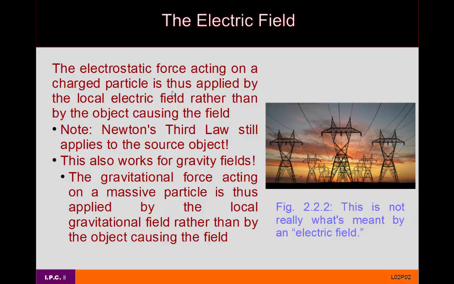This is true, by the way, of everything that I've said for gravitational fields, with the exception being that instead of caring about charge, we care about mass. So the gravitational force acts on a massive object. It's got to be applied by the local gravitational field, not the object that causes the field. And the field of gravity cannot interact with the object which is generating that field.